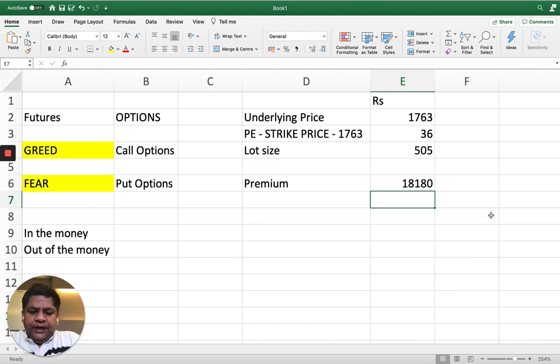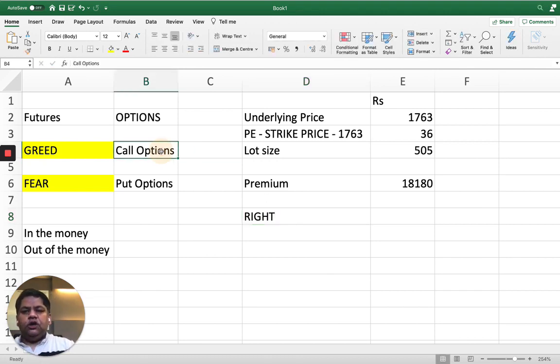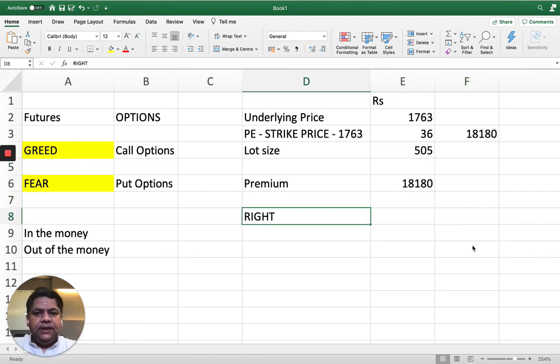And what did you get? Every time you take a contract, the first thing which you get is a right to buy or not to buy in a call option, right to sell or not to sell in a put option. So you got this put option at 18,180 rupees, and this put option gave you a right to sell Reliance shares at 1763, right?